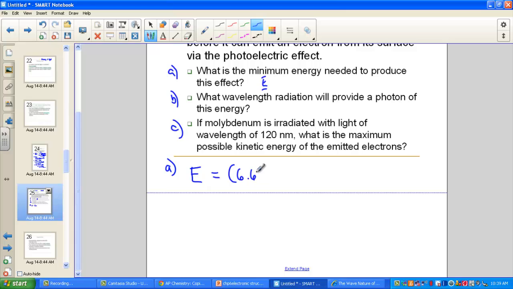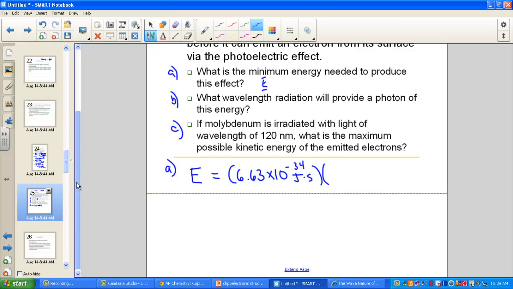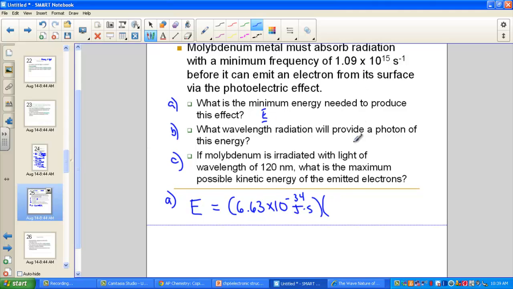E equals Planck's constant, 6.63 times 10 to the negative 34th joule times second, and that frequency that was given to us, 1.09 times 10 to the 15th power hertz or per second. Let's take Planck's constant and multiply by the frequency.